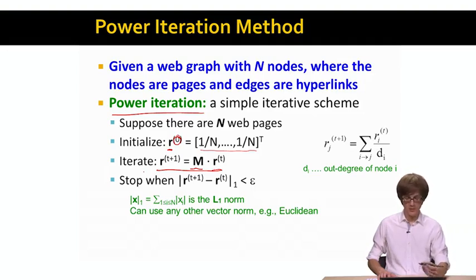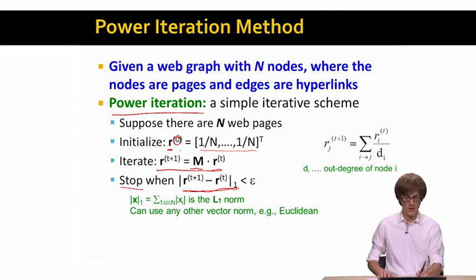Basically all we are doing is iterating r equals M times r, and we keep iterating this until r stops changing. This means we keep iterating until the, let's say, coordinate-wise sum of the differences between r at the current time step and r at the previous time step is less than epsilon, right? And this is really all there is to the PageRank algorithm.